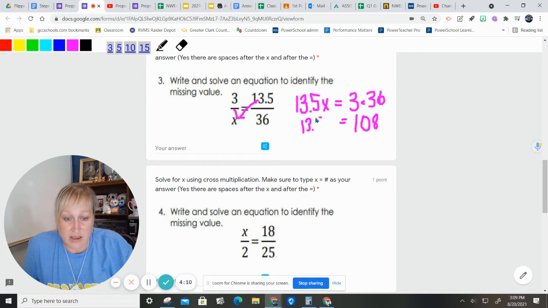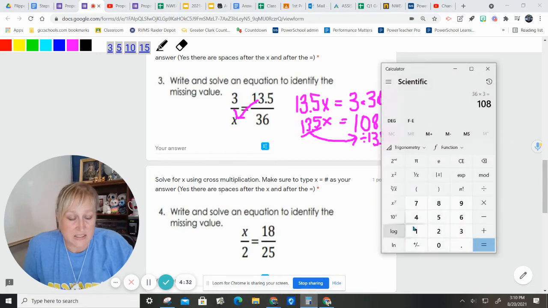I want to again point out that I'm doing one step at a time so as not to mess up. This is 13.5x equals 108. I need to move this 13.5 over with the opposite or the inverse property of division. So I'm going to use my calculator and do 108 divided by 13.5.